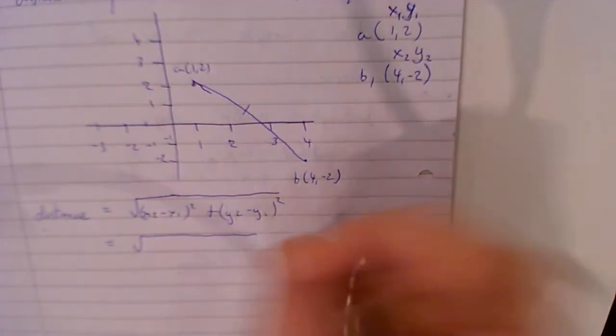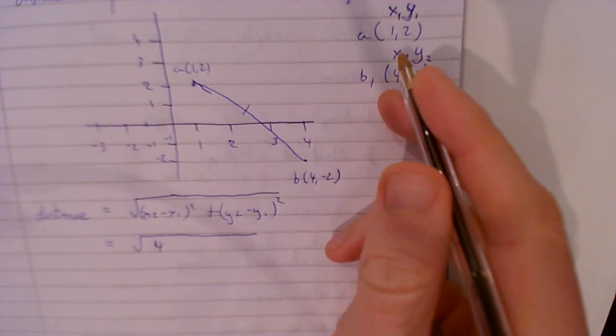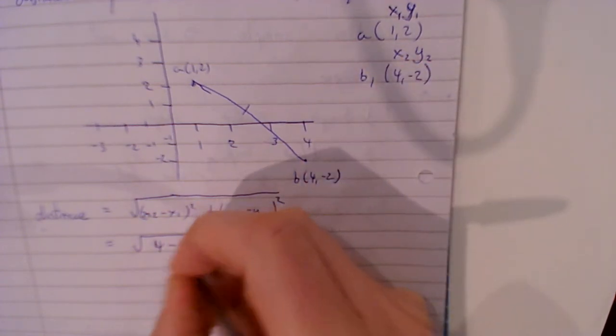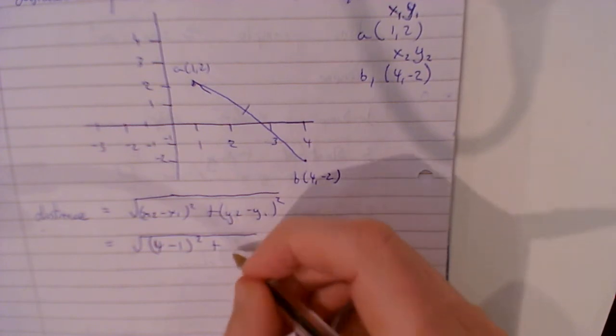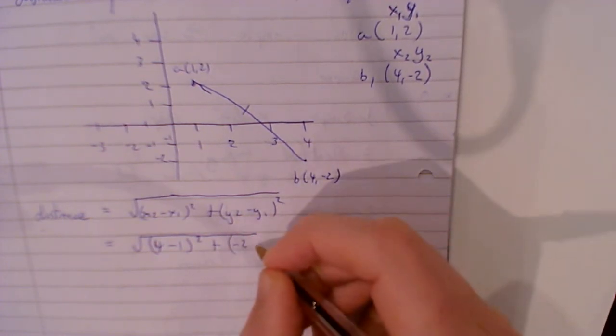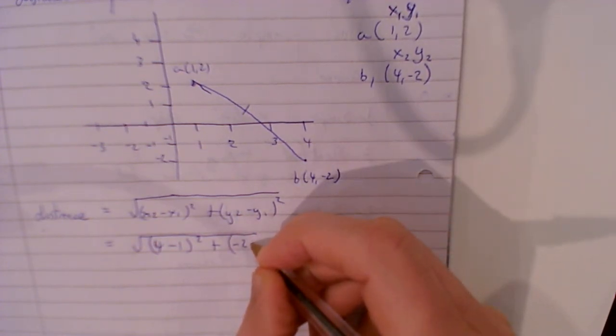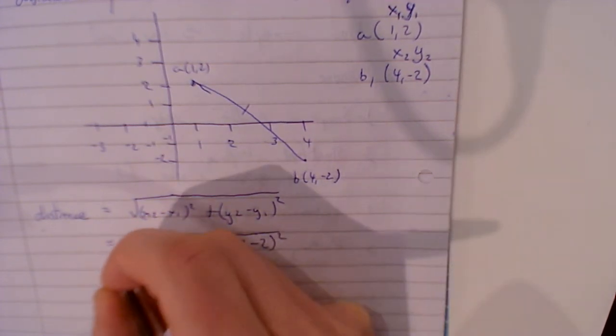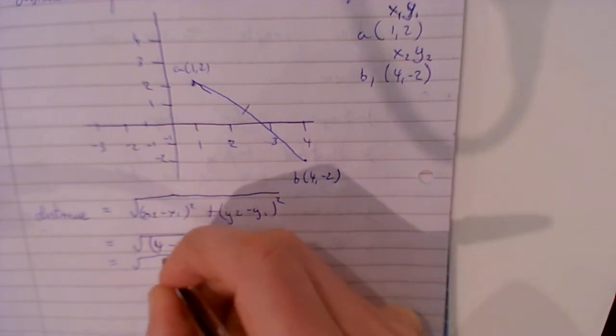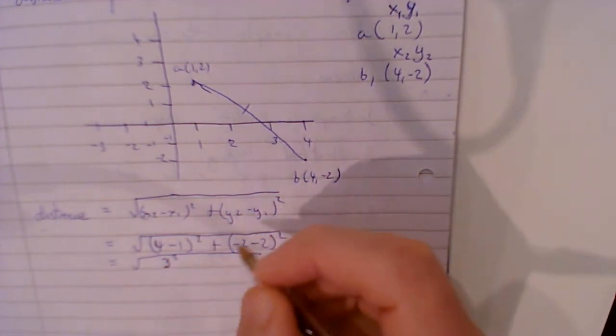Right, x2 is 4, x1 is 1, squared. y2 is -2, y1 is 2, so it's -2 minus 2 there, squared. Step by step. Harry, I'm thinking about you when you're not doing step by step.